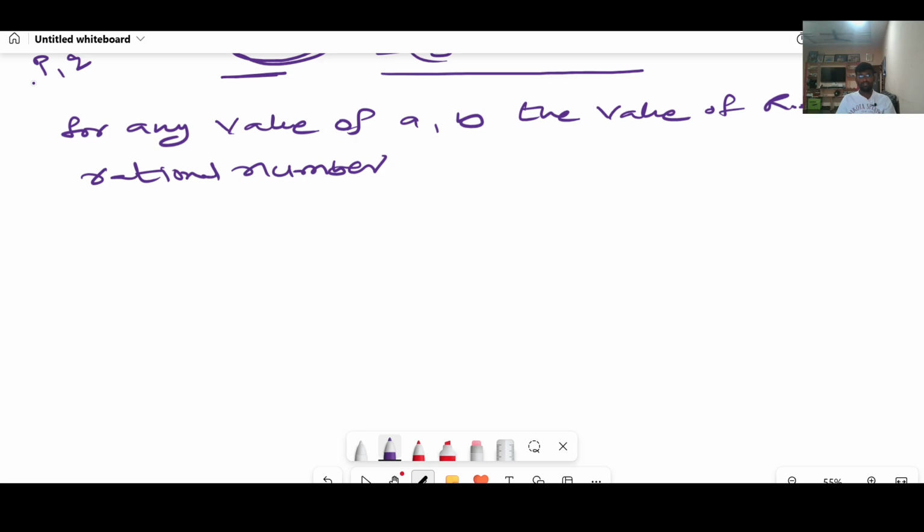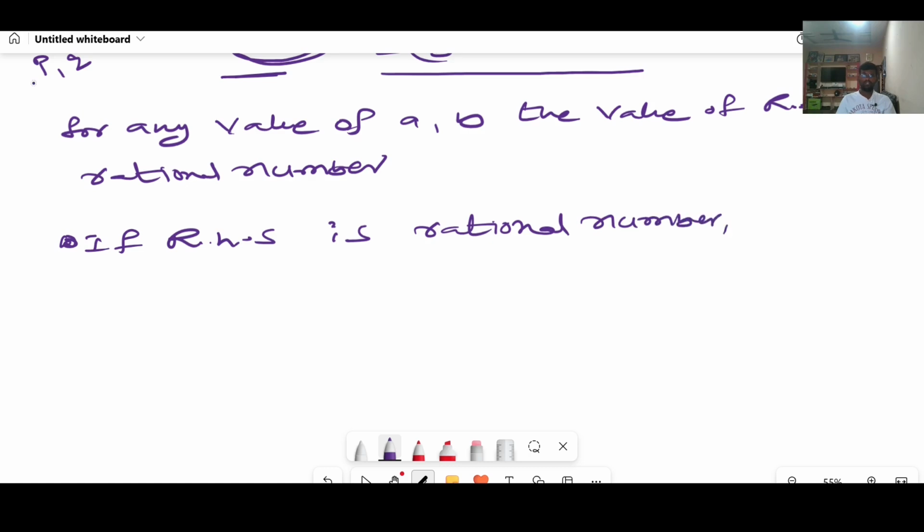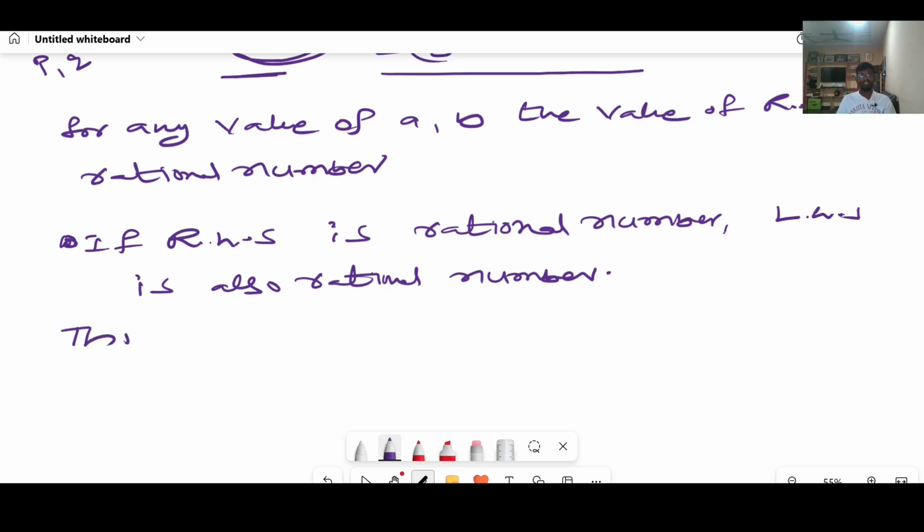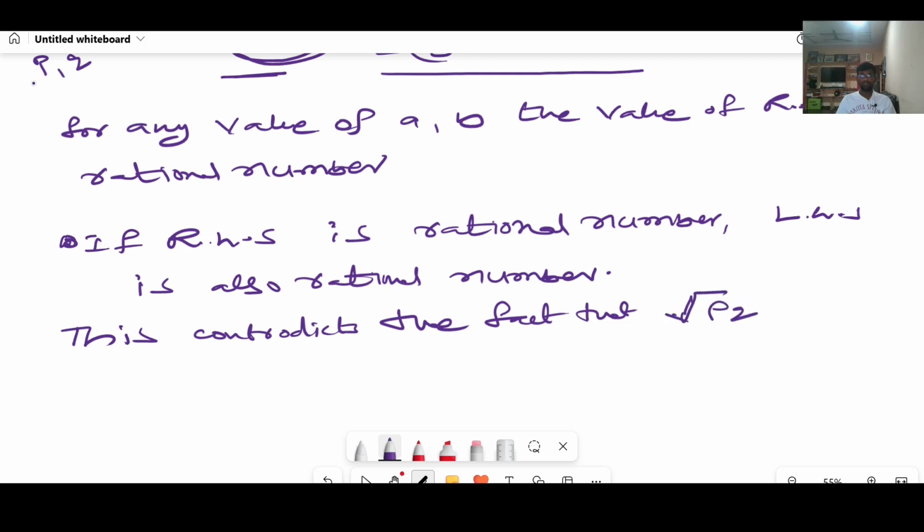and if RHS is a rational number, LHS is also a rational number, right? But we know that LHS is an irrational number, right? This contradicts the fact that root pq is irrational, right?